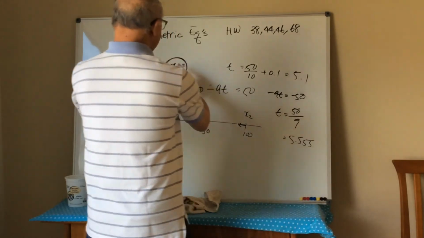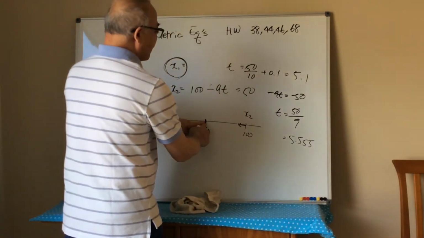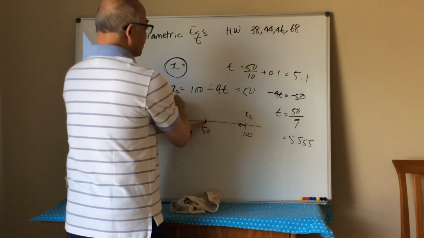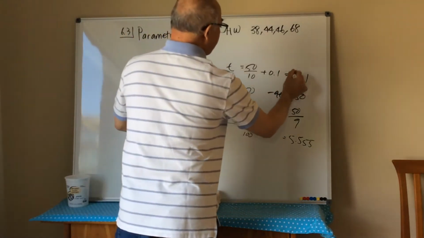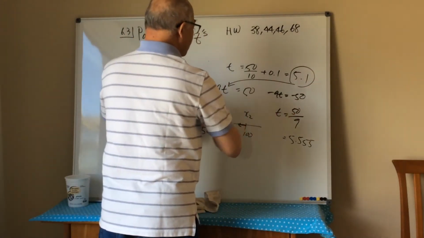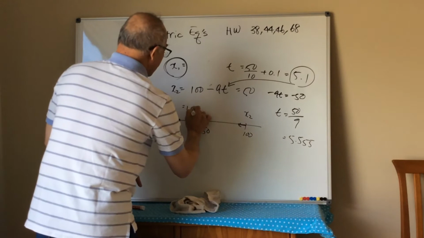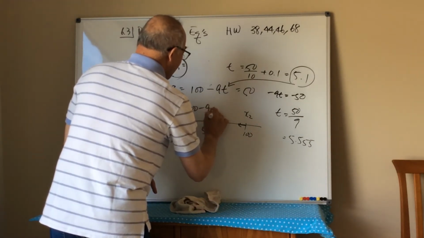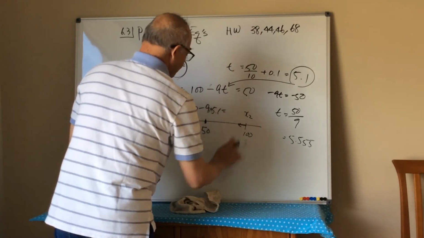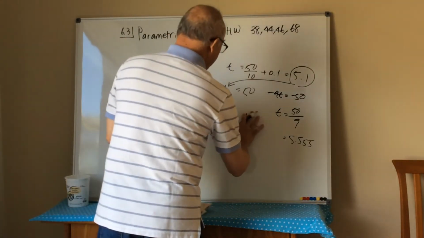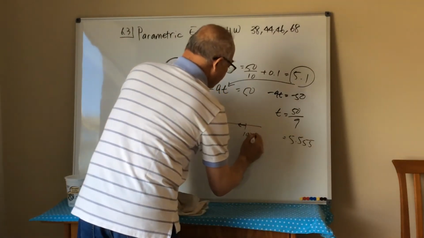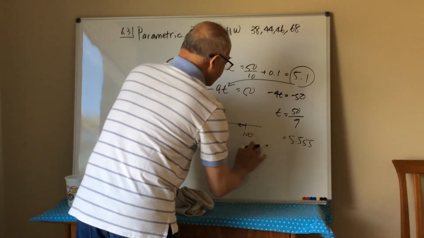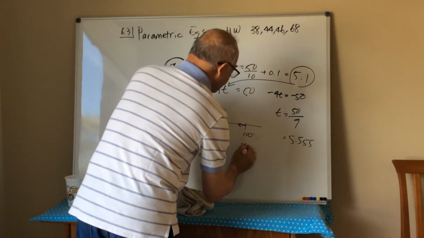So when this guy is at 50, we need to find out where this guy is. And you would plug 5.1 into here, and you would get 100 minus 9 times 5.1. This is x2.